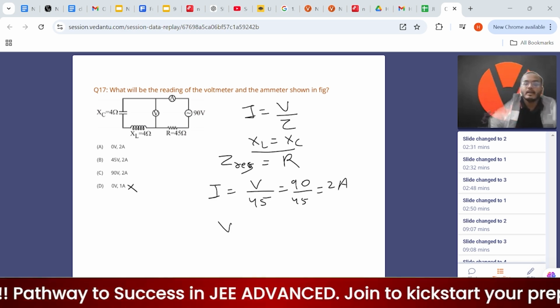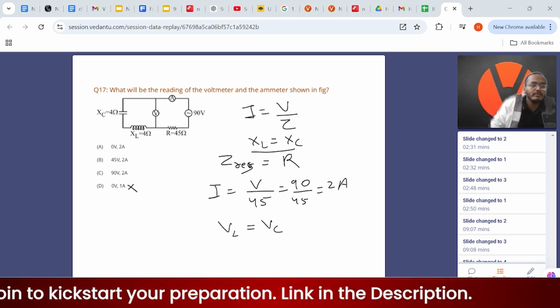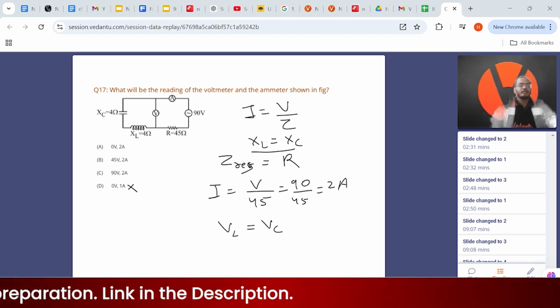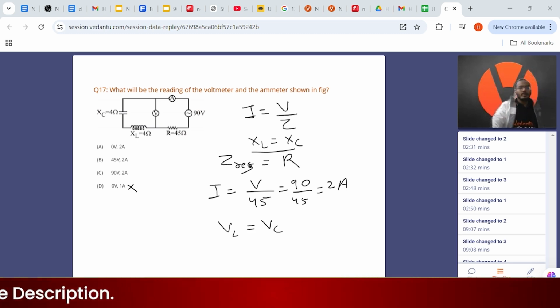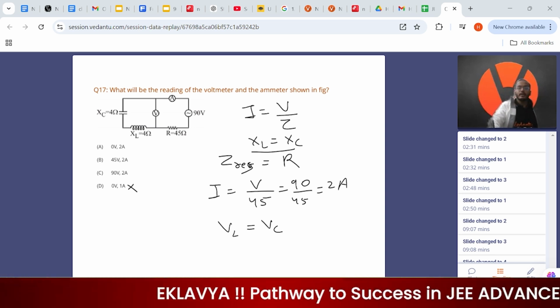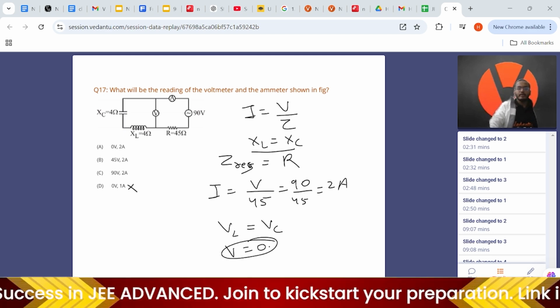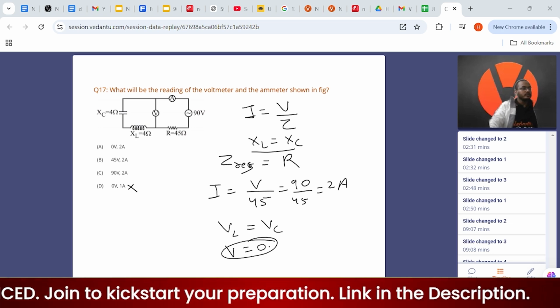Now, since XL is equal to XC, we can say that VL will be equal to VC. The voltage across both will be the same. Since the whole voltage is going across the resistor, I can say that this voltmeter reading will be equal to 0.